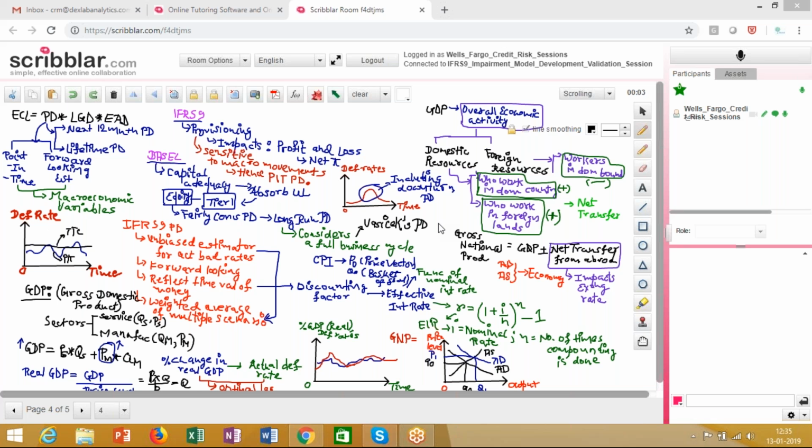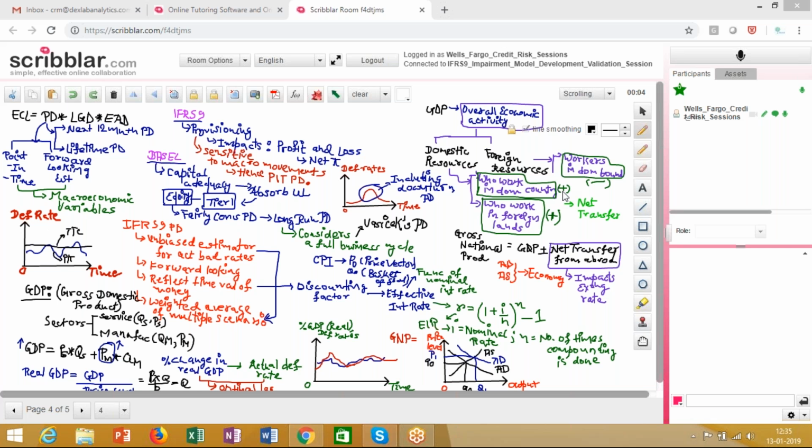So GDP is a measure of all the economic activity that is produced. GDP is the sum of all the economic activities which are generated within the geographical boundaries of an economy, right?